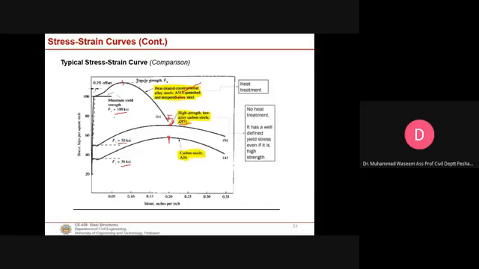Obviously, the yield point and the Fu value, the ultimate strength value, for A514 steel will be higher. If you use A514 steel, you will have the highest yield and a higher ultimate strength. But the ductility in this material will be very low, lower than in this material and this material.